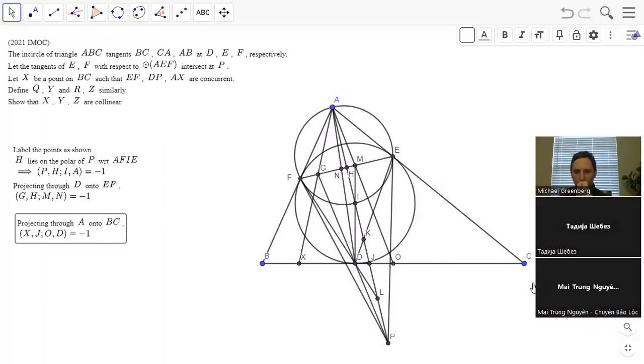Do you know how to get BX or XC? I mean, we have this nice harmonic bundle, but it is still not clear how to get BX or XC.